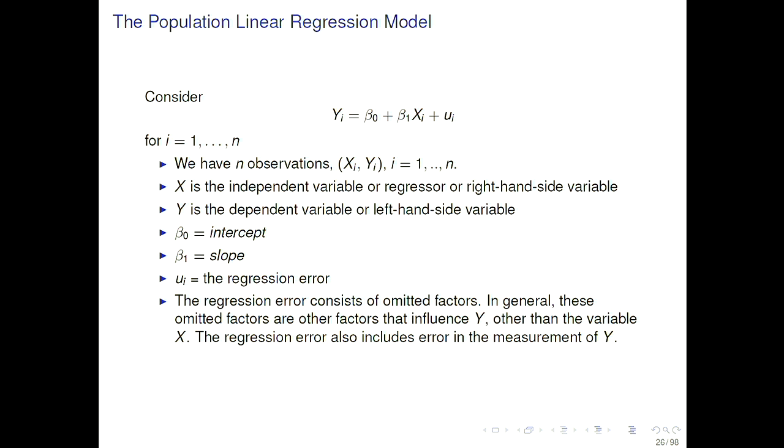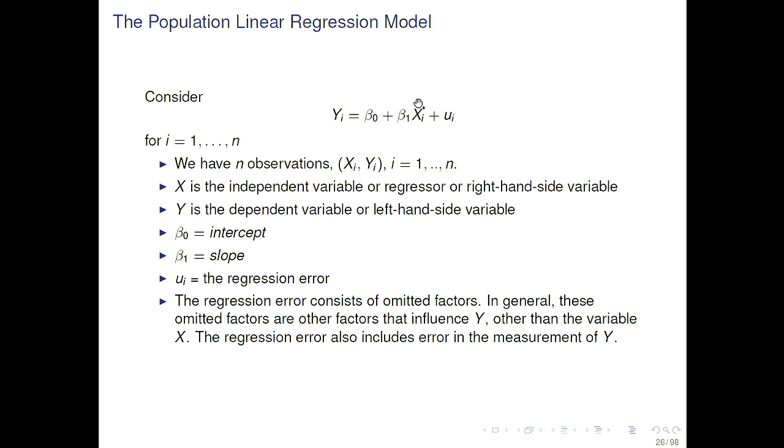What is the role of this error term? The error term may include many different factors that are not included in this simple equation. When we explain y, we could have x, but we may have a lot more other things.